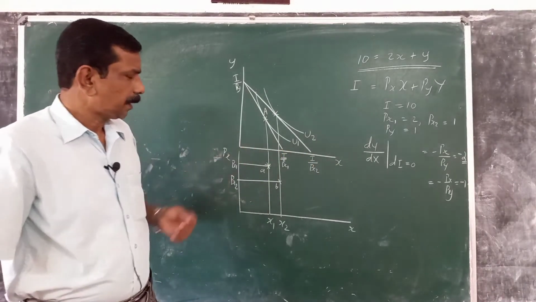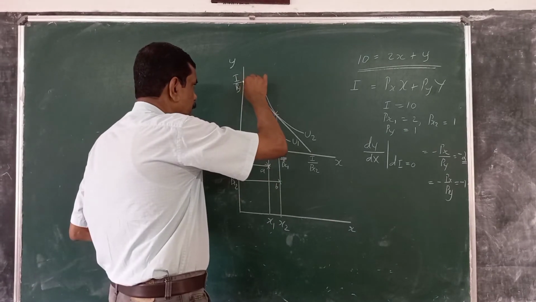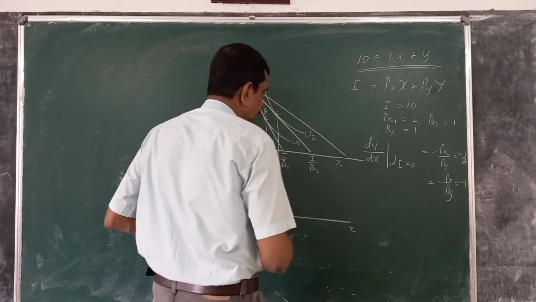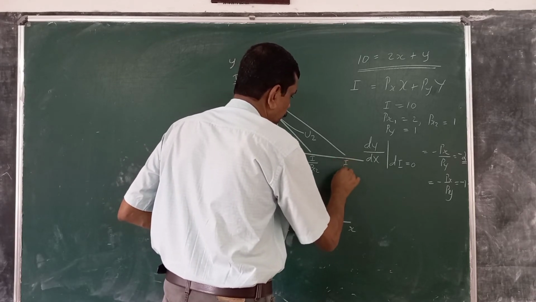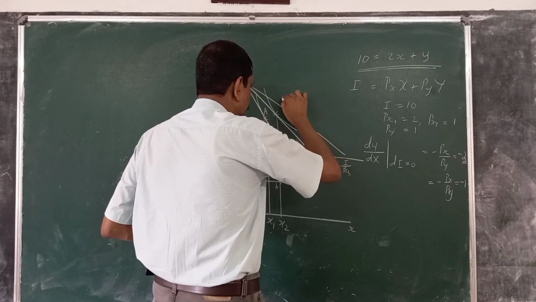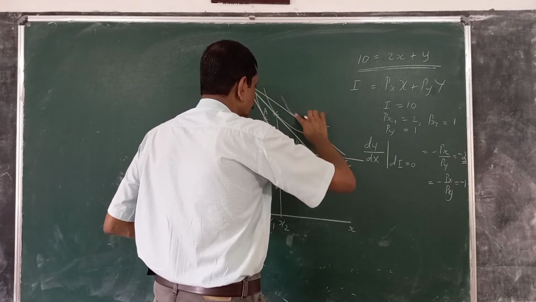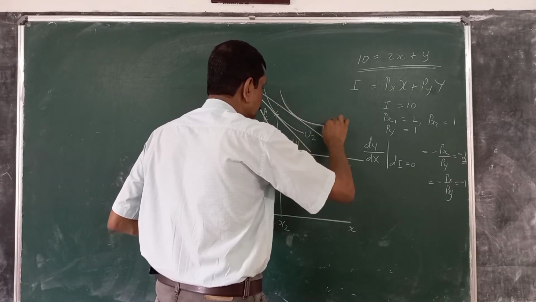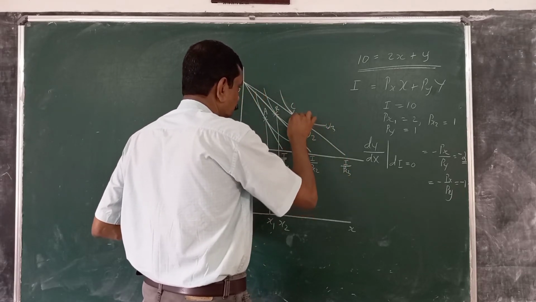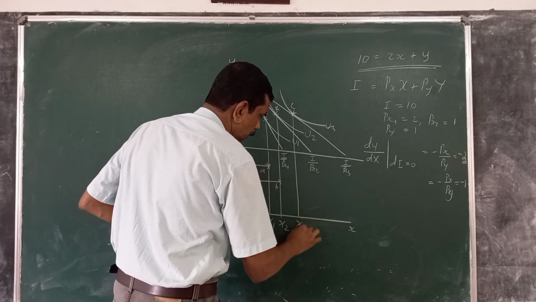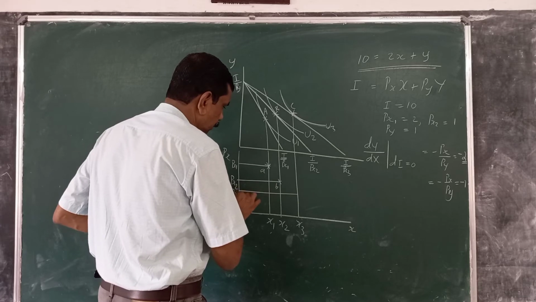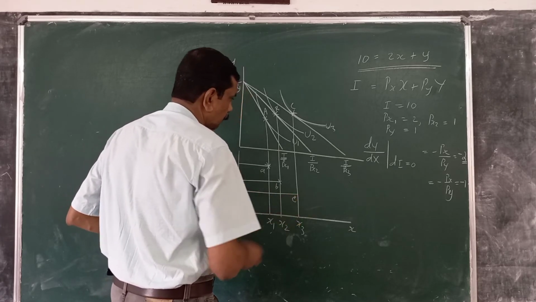Now if the price of x again decreases, you have another point like this, then I by Px3 and the new equilibrium is on U3 at point C, and x3 when the price is Px3, that is C.